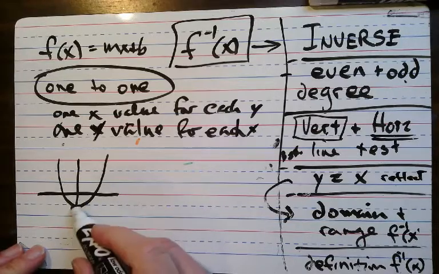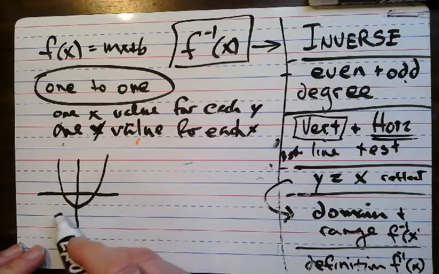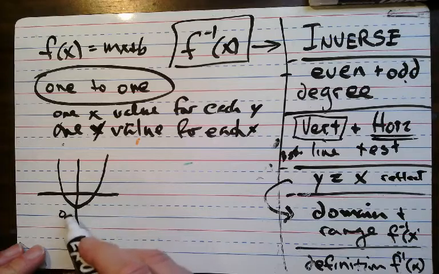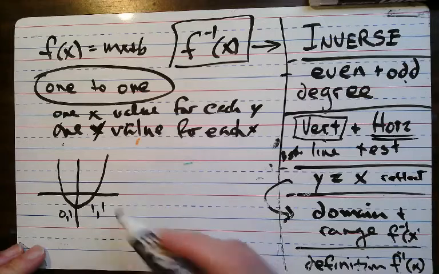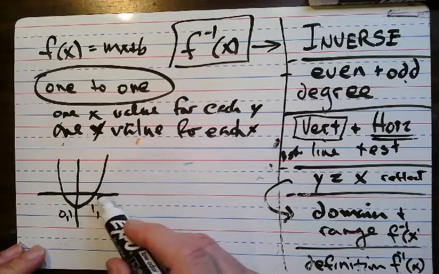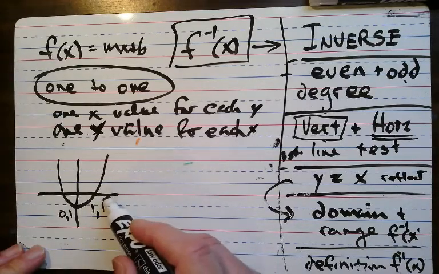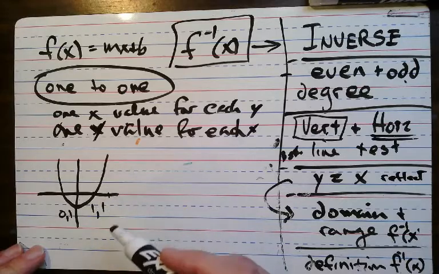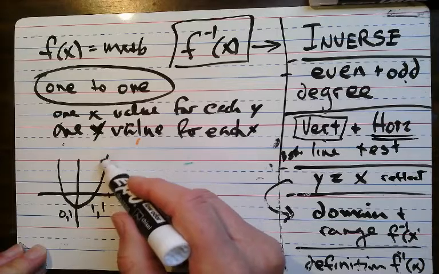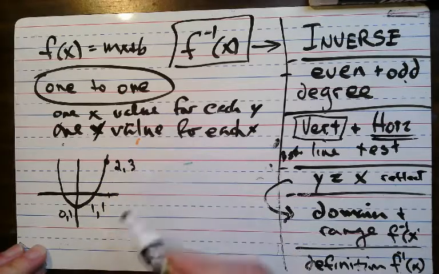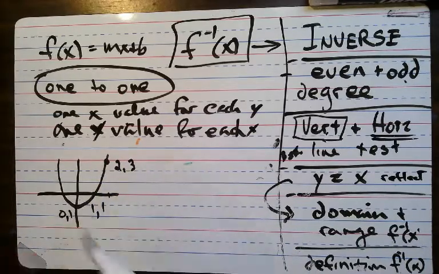It stops, let's say this is 0, 1 right there, and this could be 1, 1, and up here would be 2, 3. And so if I know this, remember, I cannot find the inverse of a parabola.